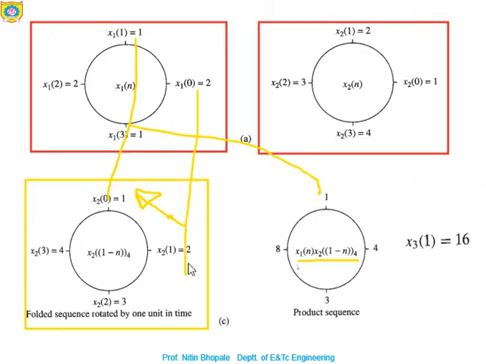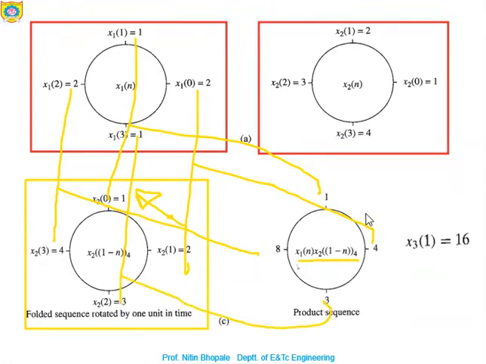Similarly 2 will be multiplied by this 2, it is giving the value as a 4. Similarly the next multiplication, that is this 2 into 4, that will give 8. Next is this 1 into 3, that will give this value 3. After that just add these values. So 1 plus 4, that is 5, plus 3, 8, plus 8, 16. So this is the result of x3 of 1.